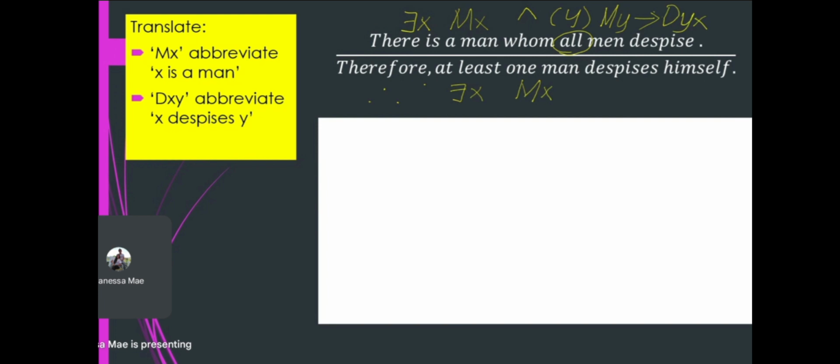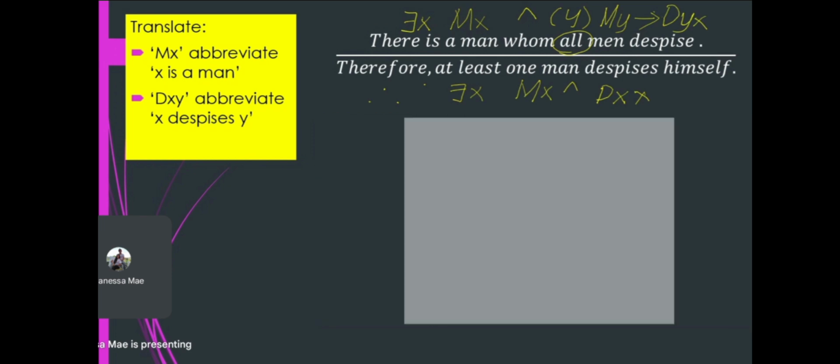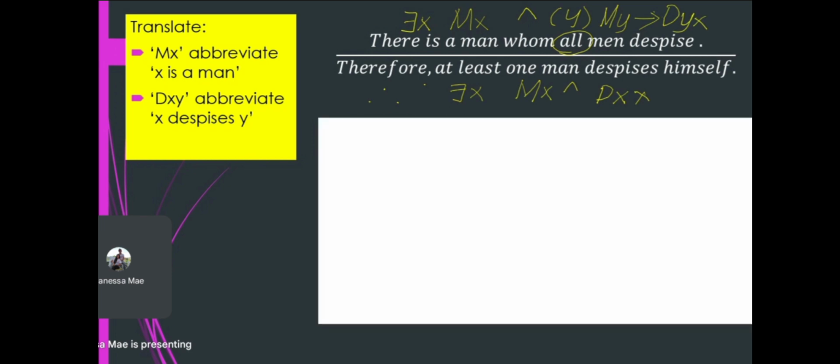And that man despises himself. So the symbol for despise is d. Who is despised by that man? Himself. So meaning dxx.